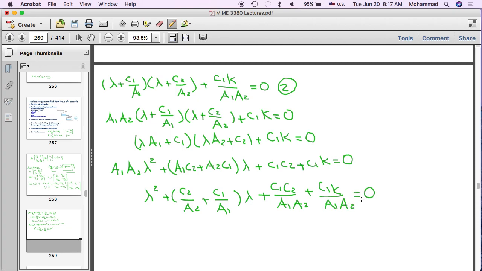So that has a closer appearance to the standard second order.